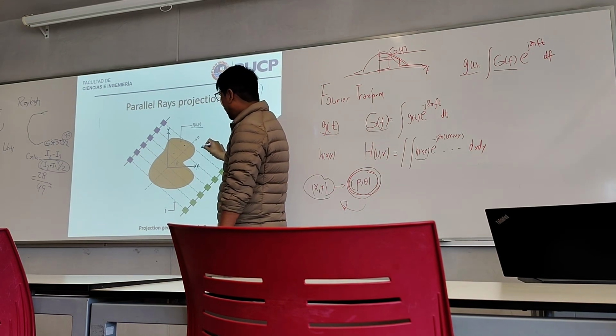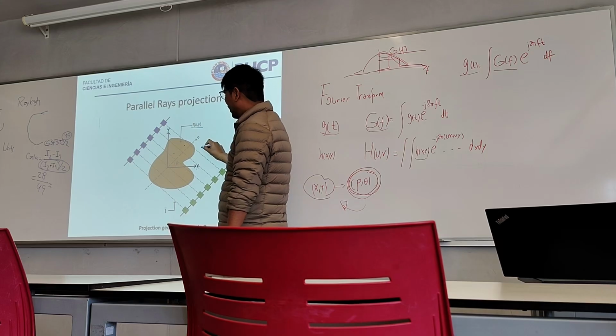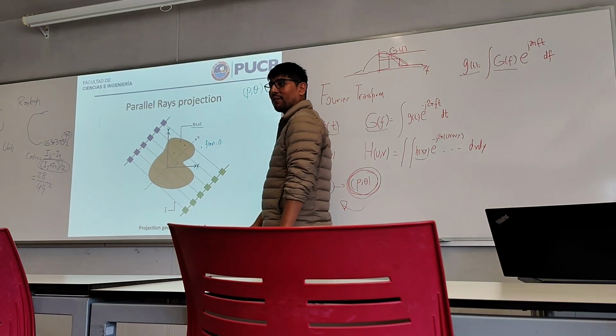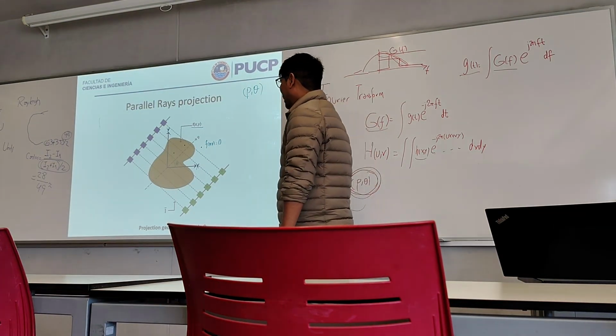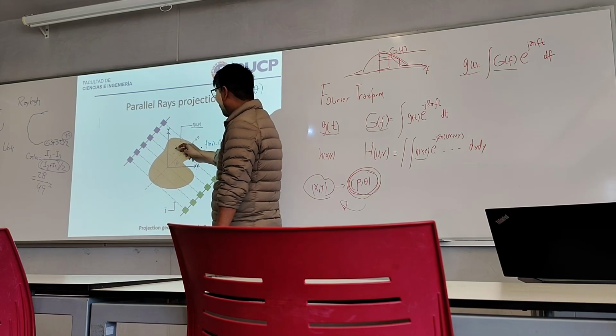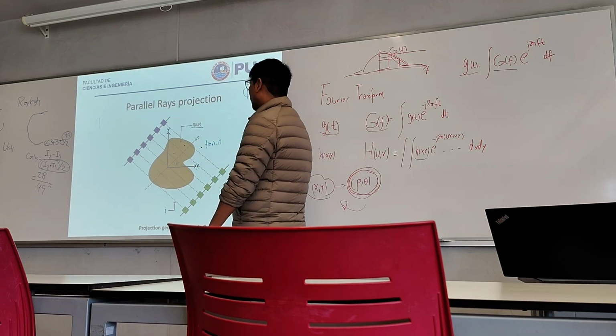Outside, for example, how much is the intensity at this point? How much is f(x,y)? In this case, 0. If there is no information there, or there's nothing there, f(x,y) is 0. But for this point, or this point, some value.